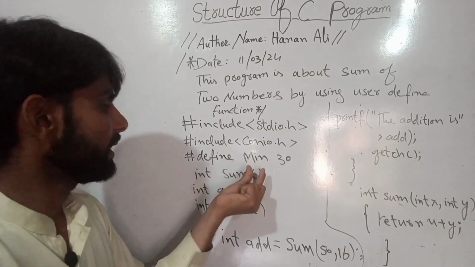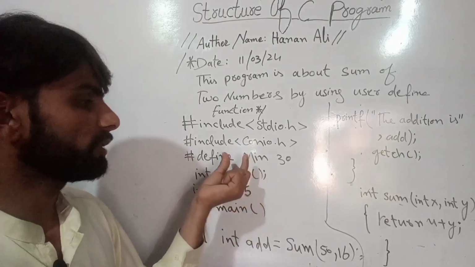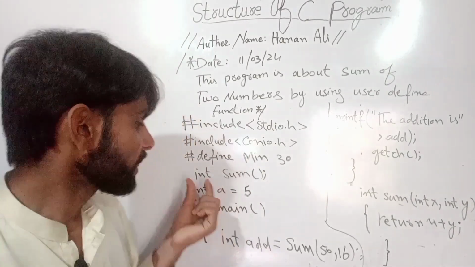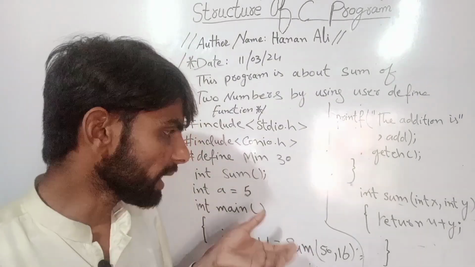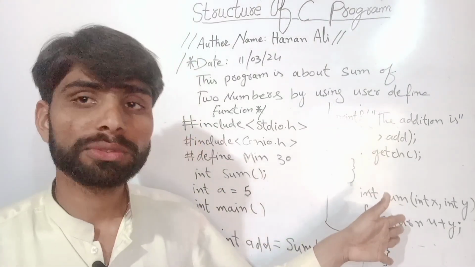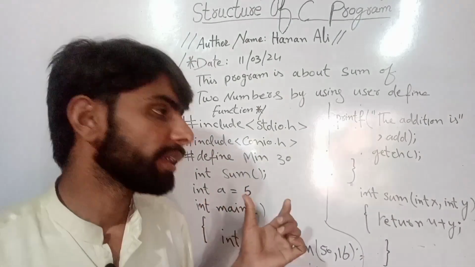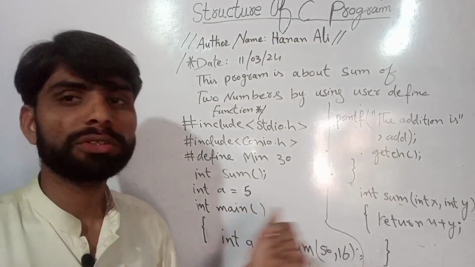Next is the definition section, where I declared the hash define. The int sum declaration is also in the definition section, right? If I do not write it here, it also works, but we have to write the user defined function before main, so that we can use this function in our main function as well as in another user defined function.